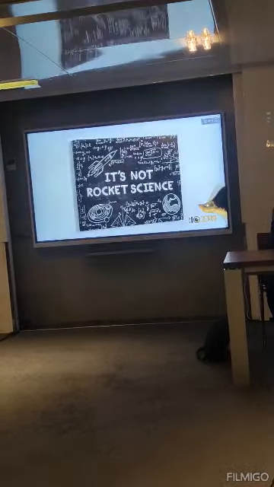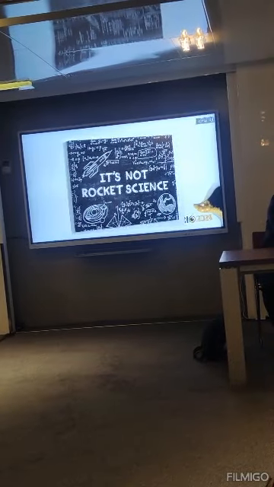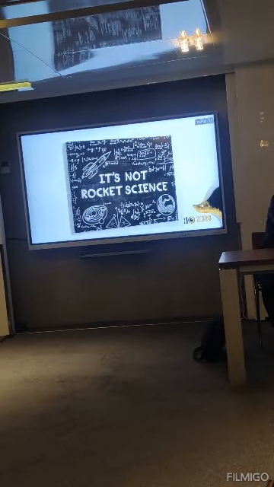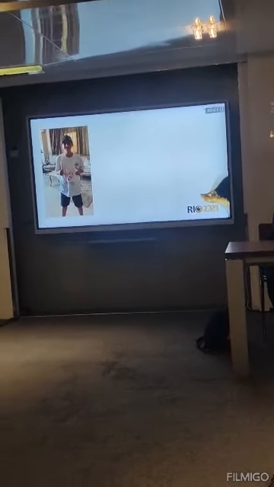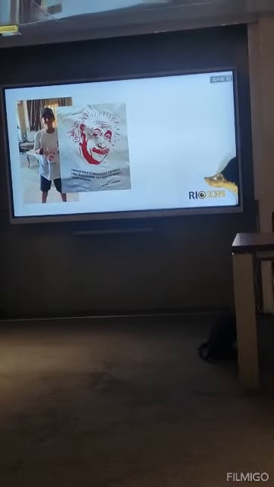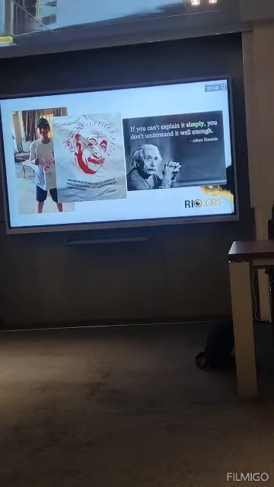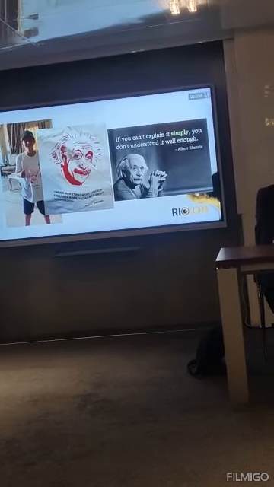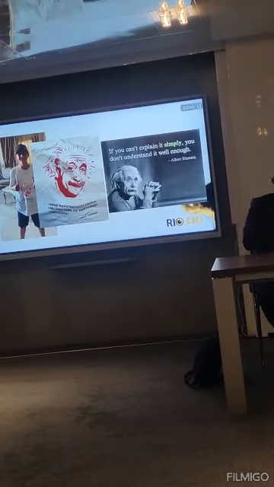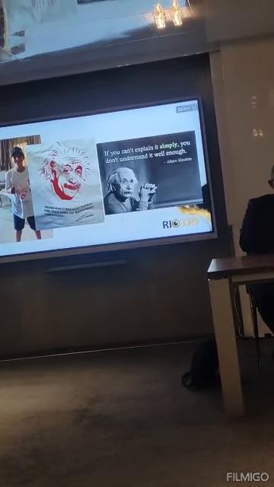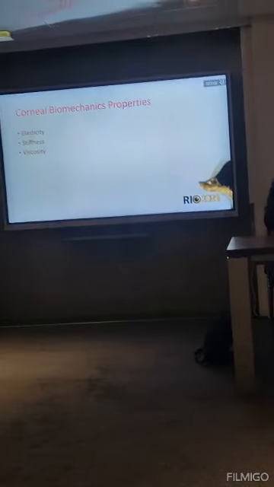And now, because people thought it's rocket science, I'm talking about another branch of rocket science, which is biomechanics. I hope I will try to simplify it, because one day I saw my son wearing this nice T-shirt with an Albert Einstein quotation saying, if you can't explain it simply, you don't understand it well. So I will try to be very basic and very simple in order to reach you in this.